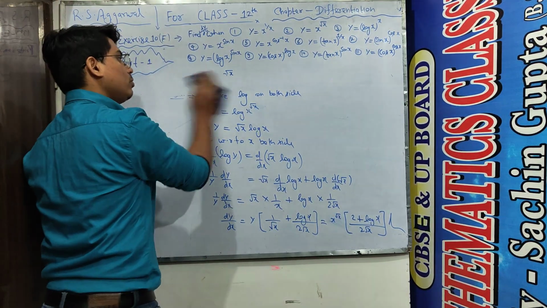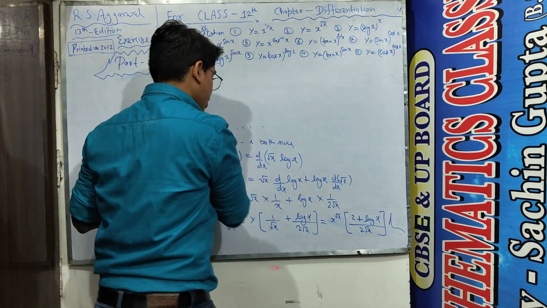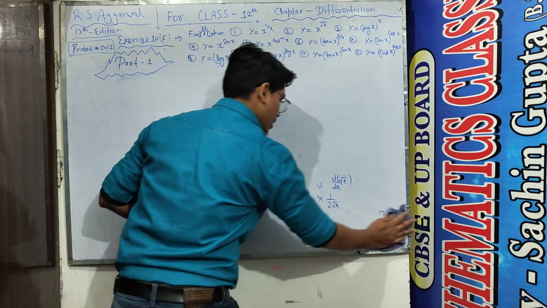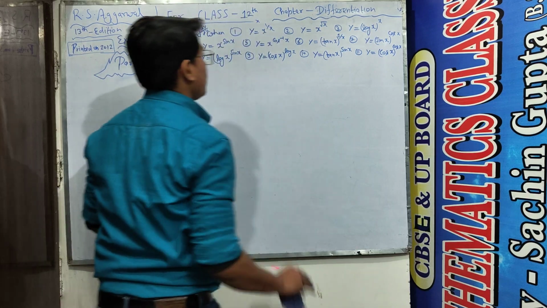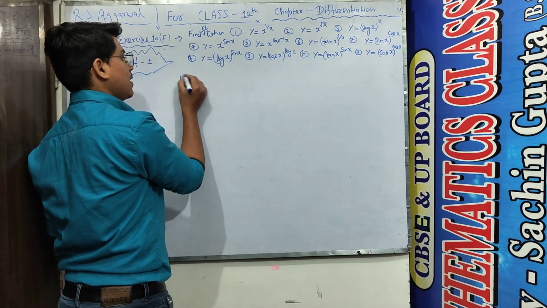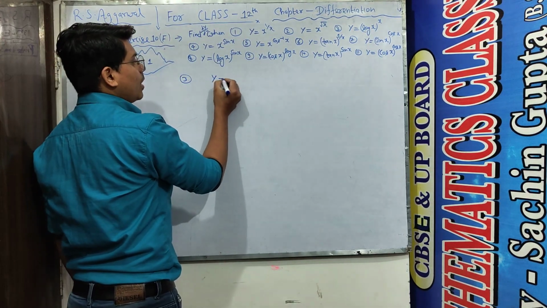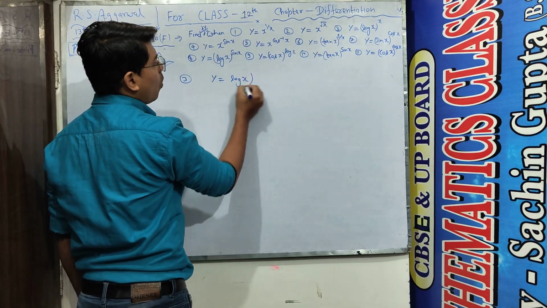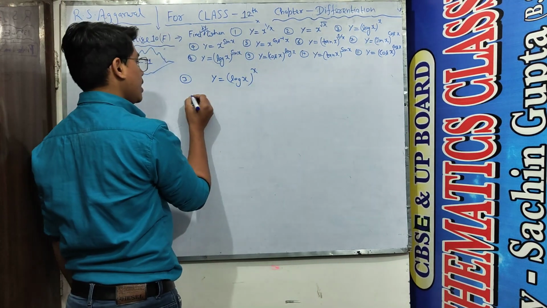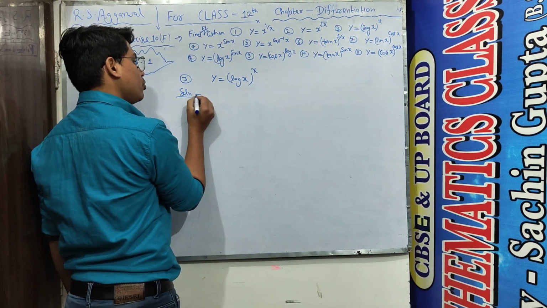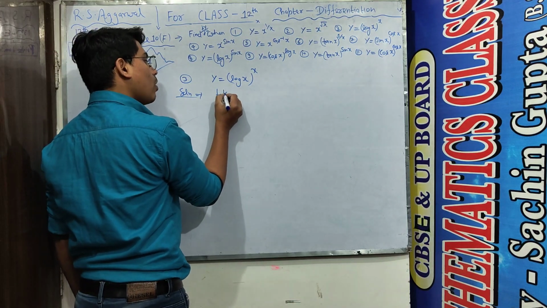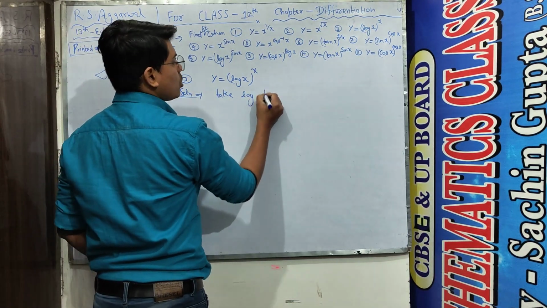Now we go to the solution of question number 3. Question number 3 is y equal to (log x) whole to the power x. I write here solution, and take log on both sides.